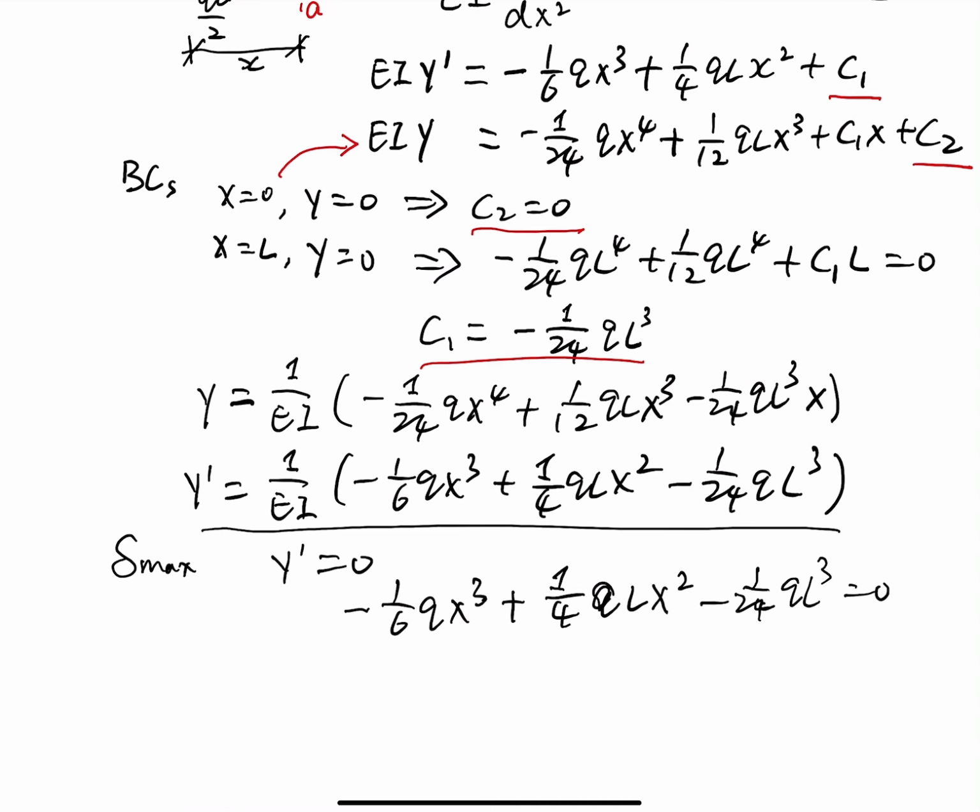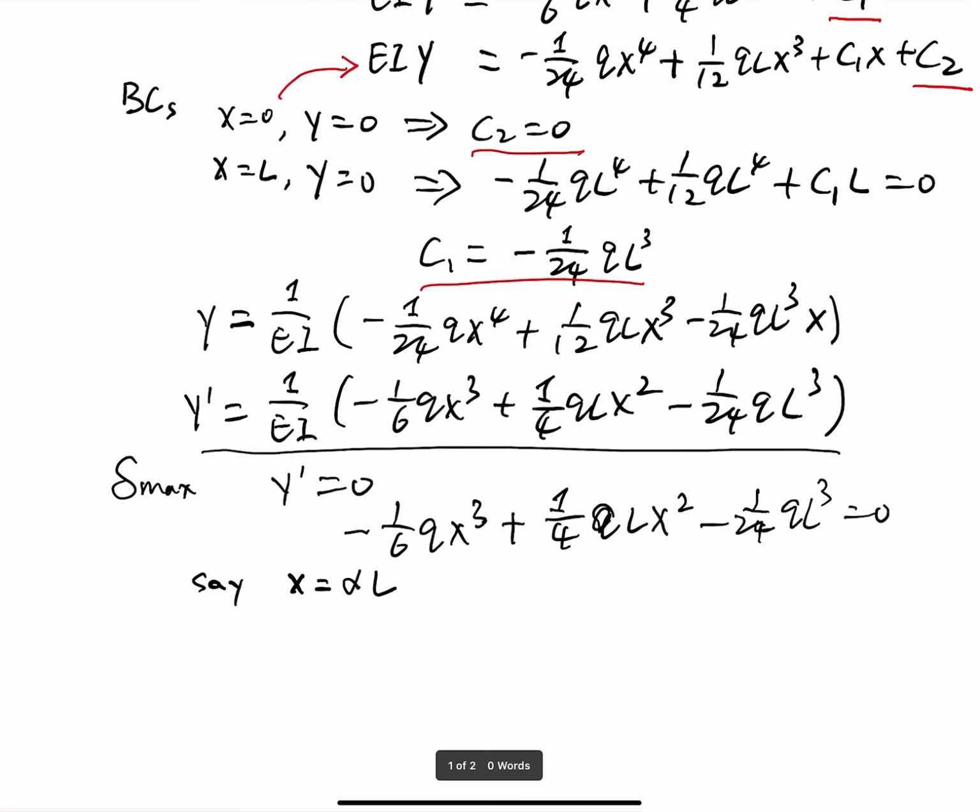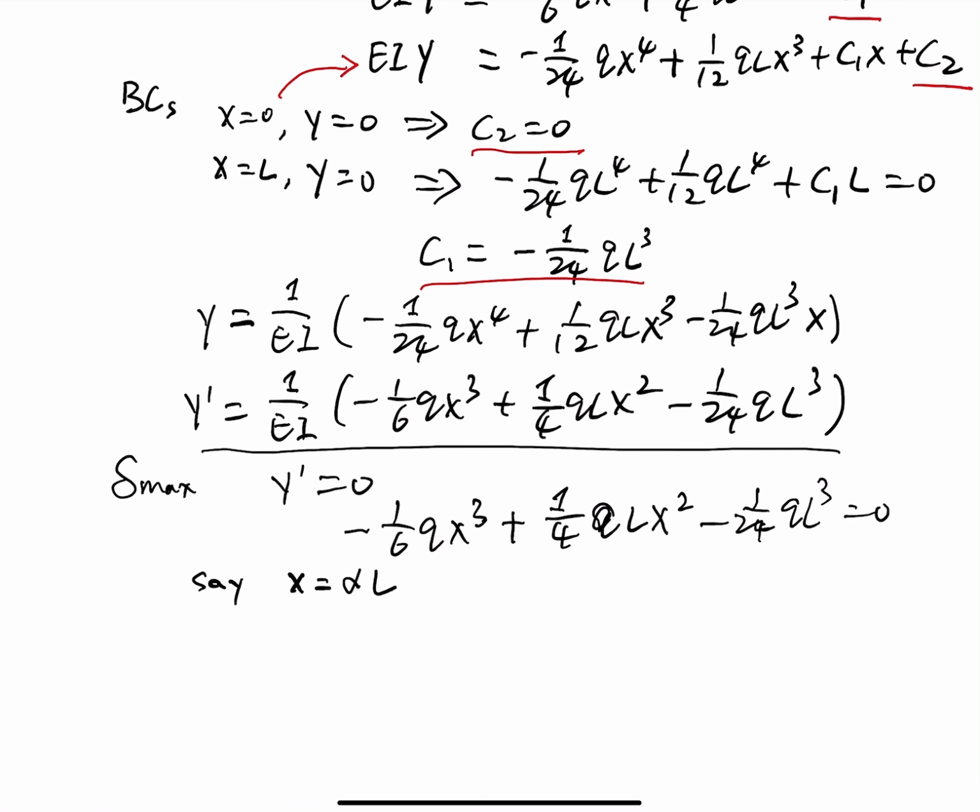If we say x equal to alpha l, then we have 1 over 2 q alpha cubed l cubed plus 1 over 4 q l alpha squared l squared minus 1 over 24 q l cubed equal to 0.